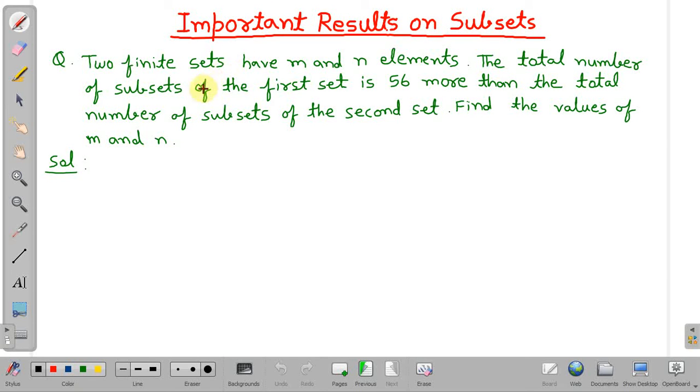So how can we do that? Let A and B be two sets having m and n elements respectively.